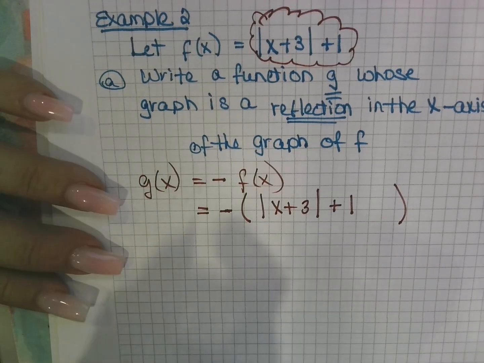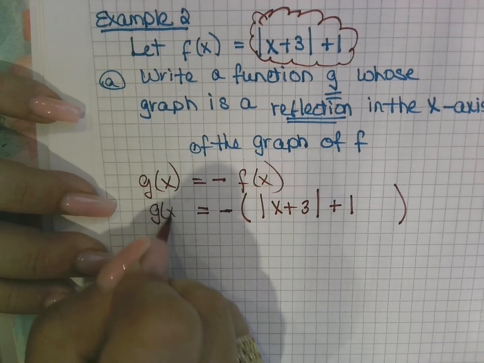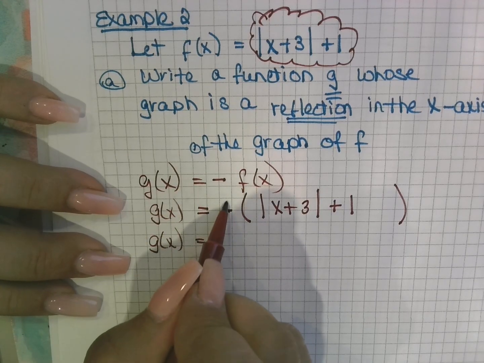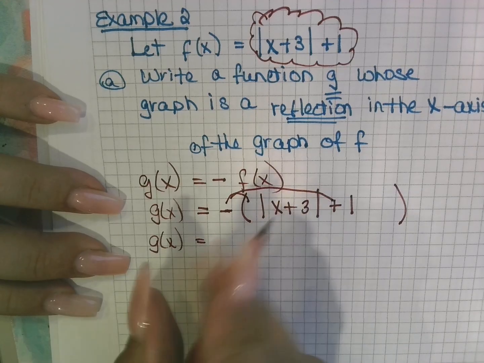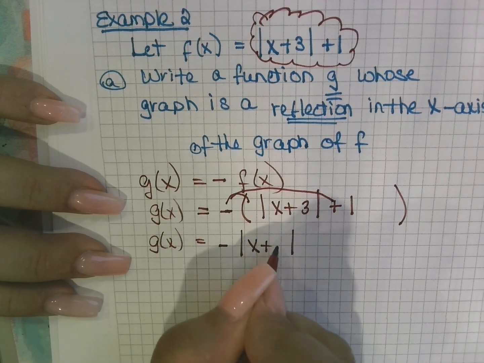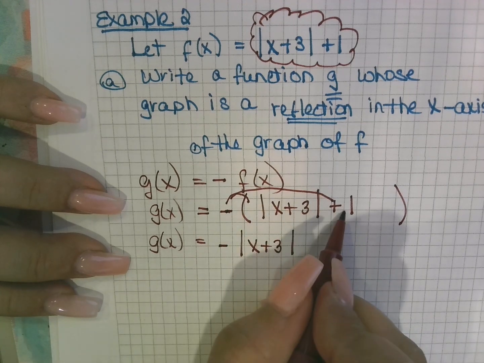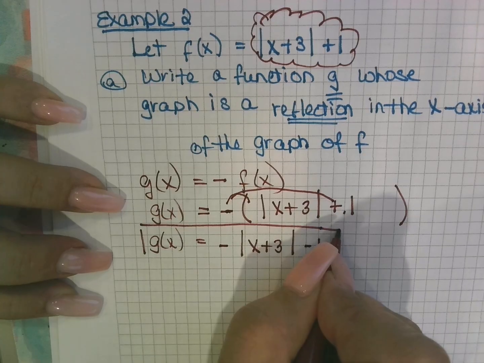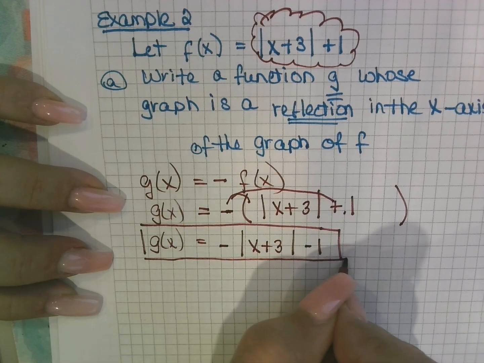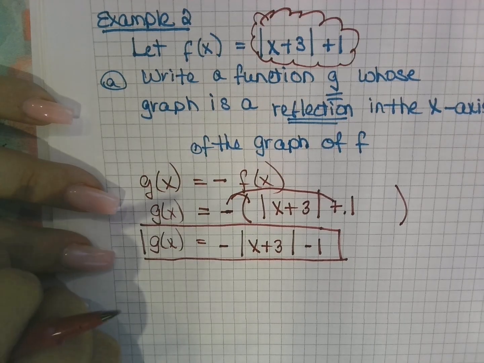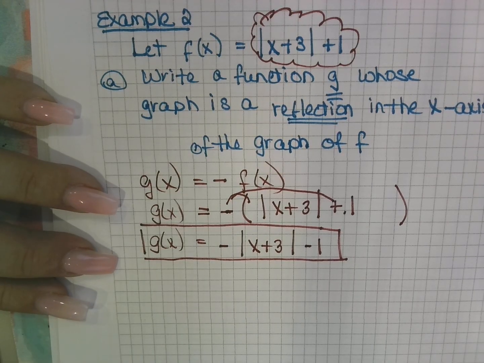Okay? This is g of x. And now we're going to distribute that negative sign. So this gets distributed here and here. You put a minus. You keep that absolute value going. Negative 1 times positive 1, that's also negative 1. So this guy is this function up here reflected on the x-axis.